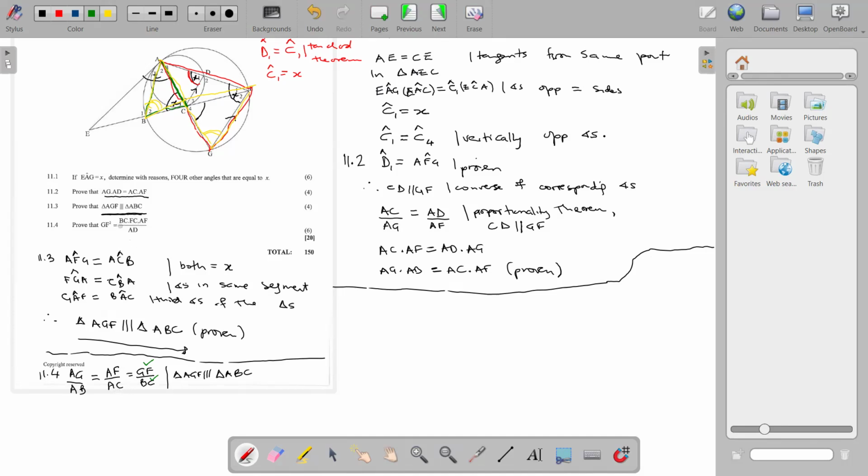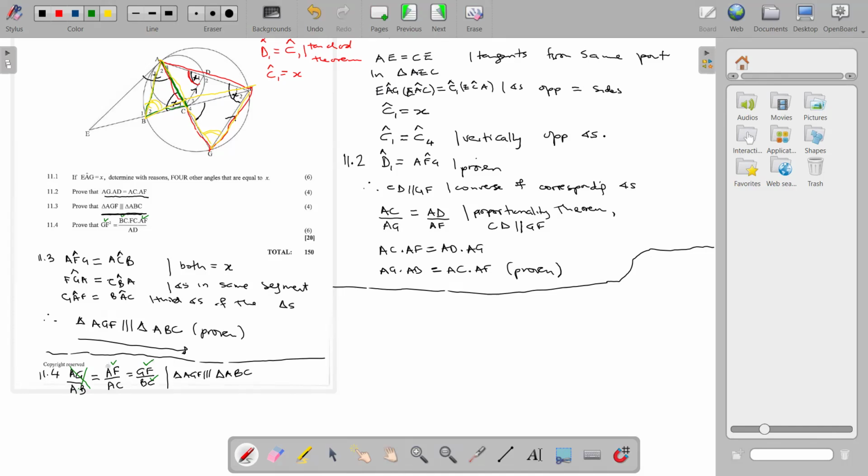No. So GF and BC we got, FC we did not get. AF, we have AF there. AD we don't have. So this part of the ratio is out because there is no letter in it that is in our formula. So we are going to utilize this other part of the ratio.